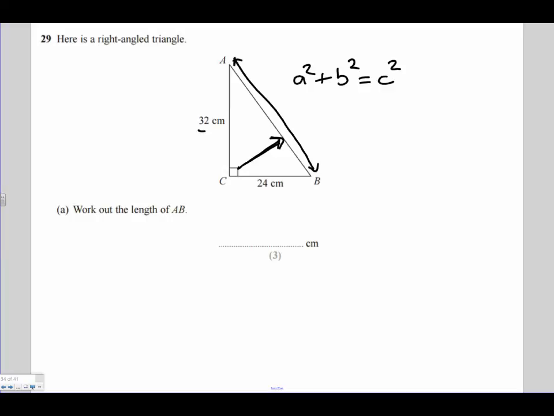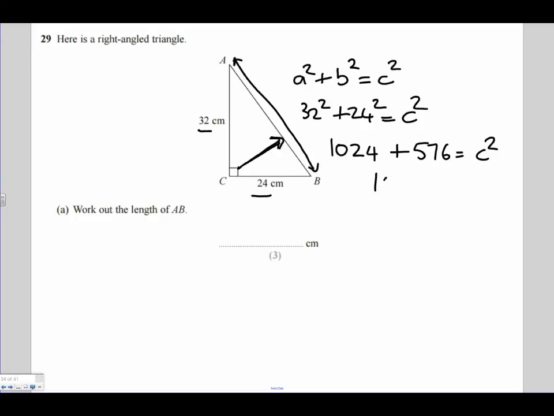The smaller sides are 32 and 24, so 32 squared plus 24 squared equals our hypotenuse squared. So putting this in our calculator, 32 squared is 1024, 24 squared is 576, and that's still equal to the hypotenuse squared.